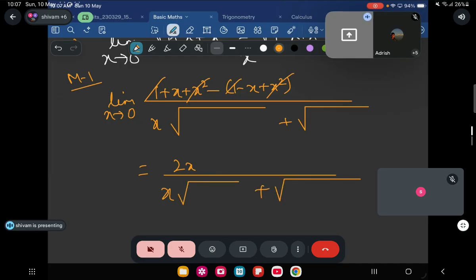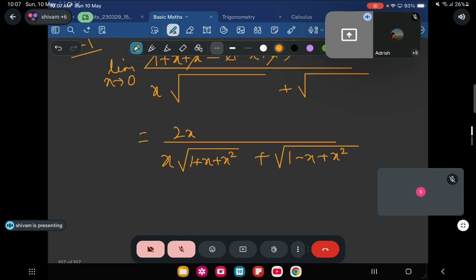Actually under the root what you have is 1 plus x square and 1 minus x plus x square, right? After this you have to substitute x equal to 0. This is where the indeterminate form lies, right? Can you understand?